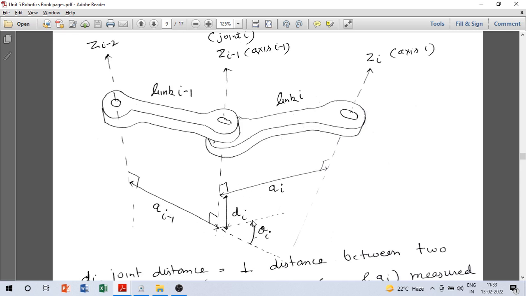That angle is theta I. So if there is a rotation at this joint along axis I minus 1, then theta I will change. And if there is sliding along this, then this d I will change. d I is the distance along axis Z I minus 1, from this A I minus 1 line to this A I line. This distance will change. So you get a sense here.